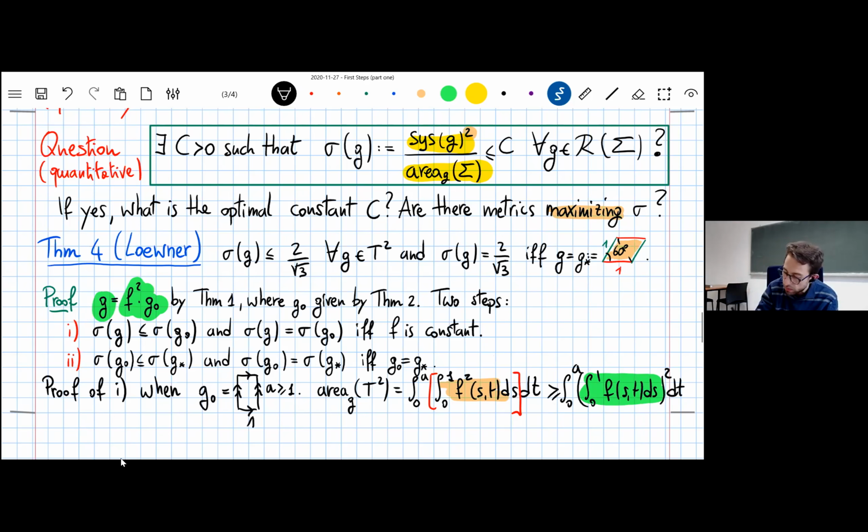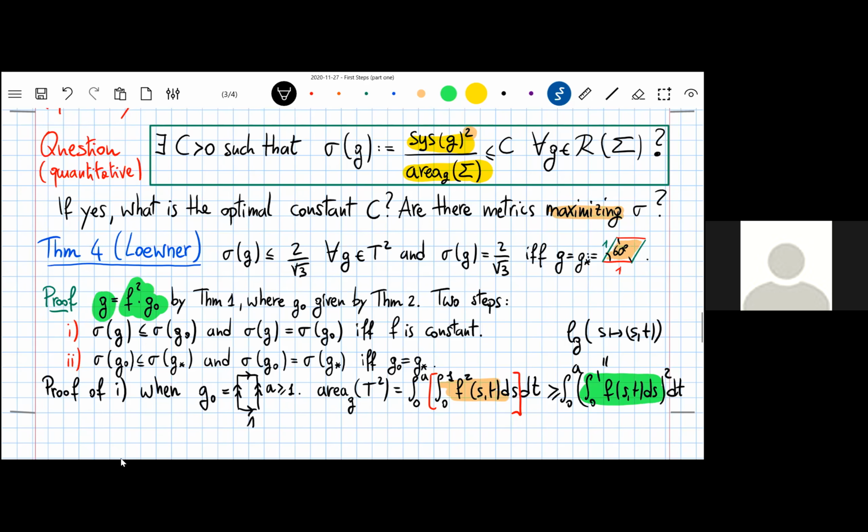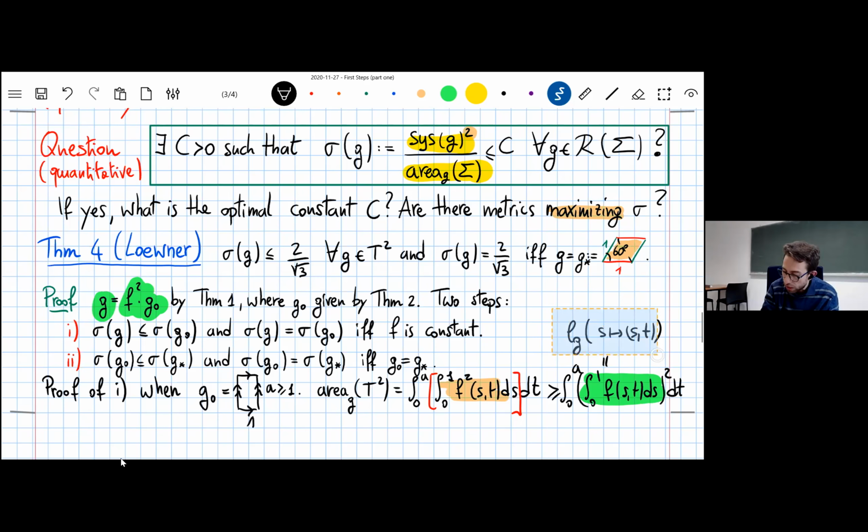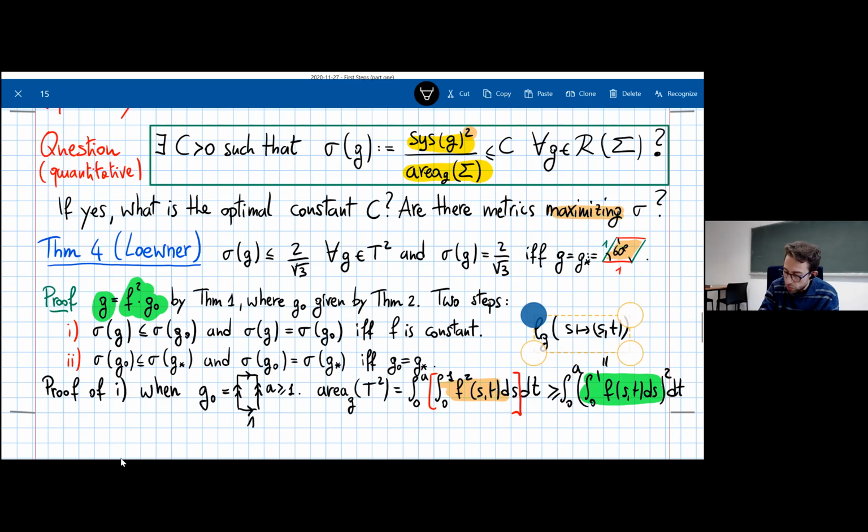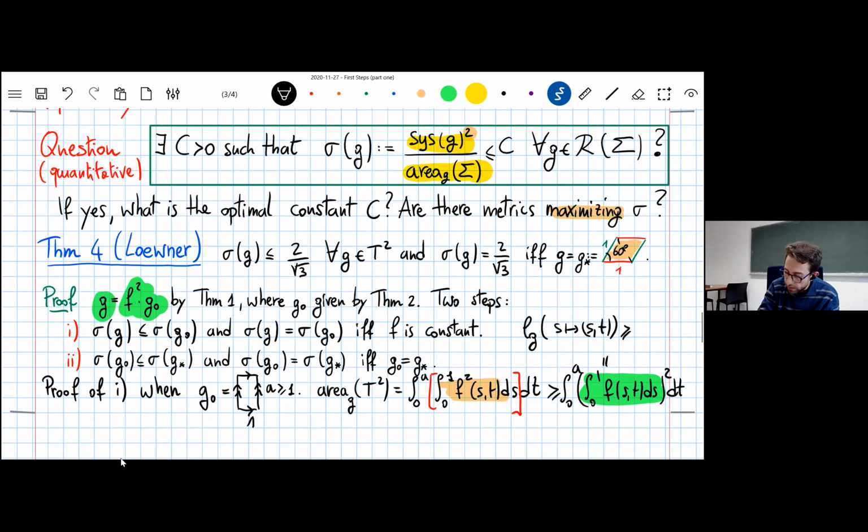This is the length with respect to g of the curve s goes to (s,t). These are the horizontal curves, and these are non-contractible loops. So this is always bigger or equal than the systole of g.